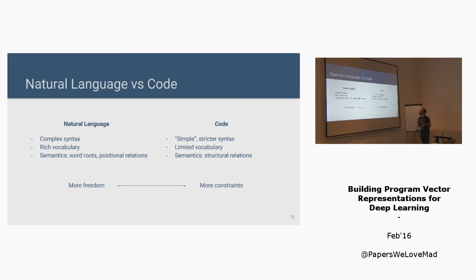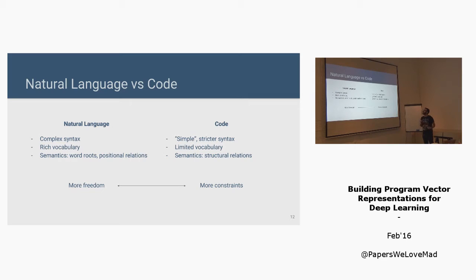Some of them are easy to see. Natural language has a complex syntax, and we sometimes bend the syntax for expressiveness. Code has a much simpler syntax, but at the same time a much stricter one.